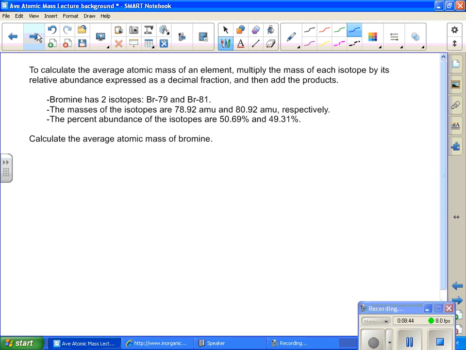The masses of the isotopes are 78.92 and 80.92 AMU respectively. That means these masses are listed here in the same order that I've listed the isotopes above. Okay, so this mass is for this isotope, and this mass is for this isotope.